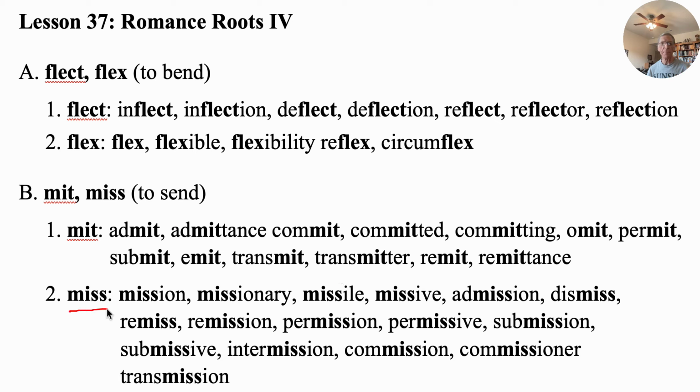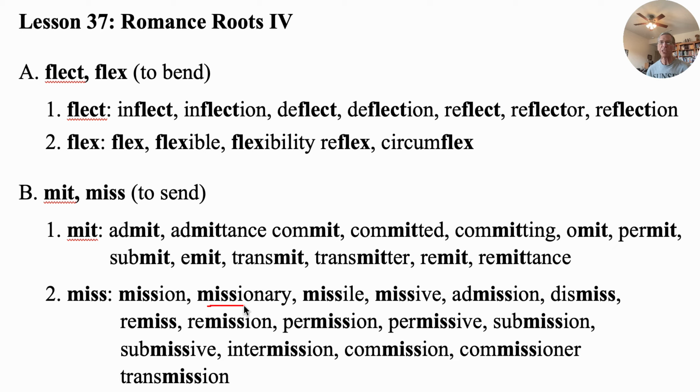Now we have miss. And again, we have two forms here for the same meaning, to send. So we have a mission. Maybe you remember, or some of us older people remember the mission to the moon. Yes, I remember when people first landed on the moon.